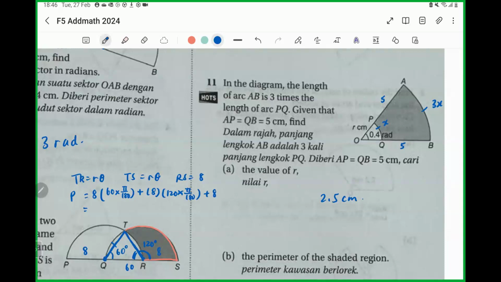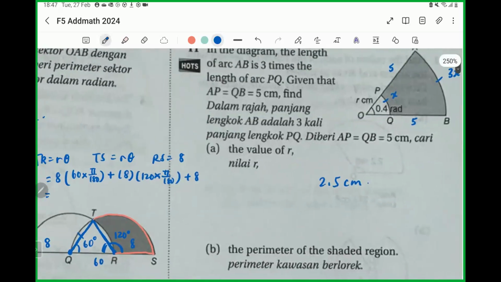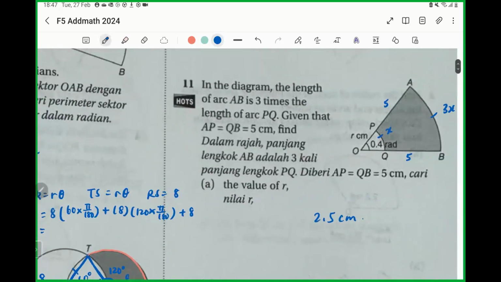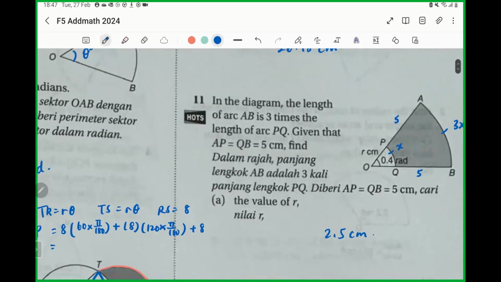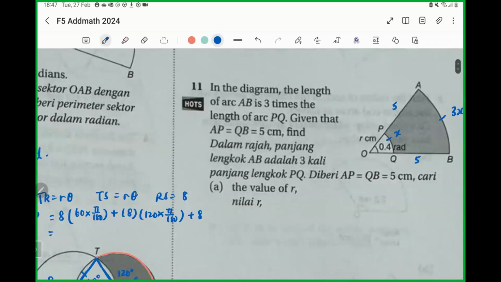So in order to find r, you have 3 times the arc. The formula you have here is x here and then r here. AP and QB equal to 5, AB is 3 times. Form the equation. What are the equations that you can form here?